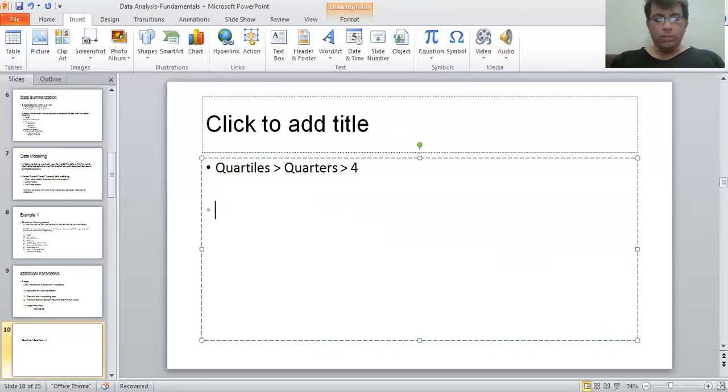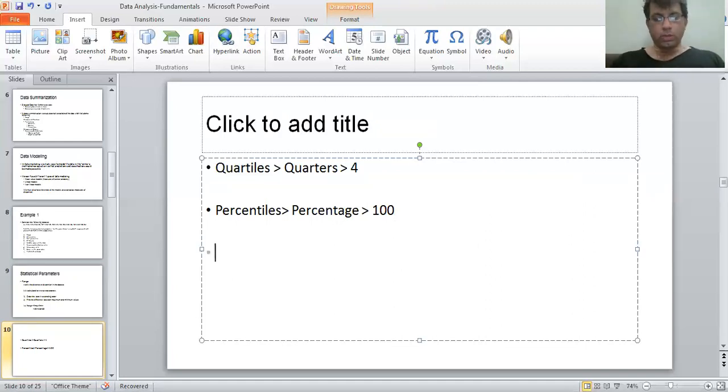And when we talk about percentiles, percentile is a word taken from percent, or rather percentage, and by percent we mean 100. So percentiles always mean dividing the data into 100 equal parts.